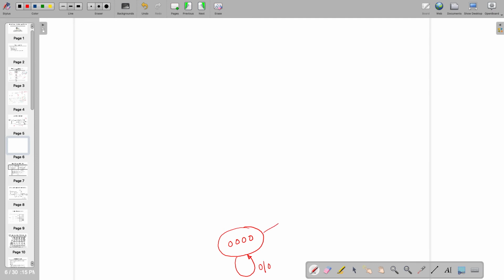But if it is next, which is 0001, then you need to write down what input or output is coming, and that is how you can make the whole round.